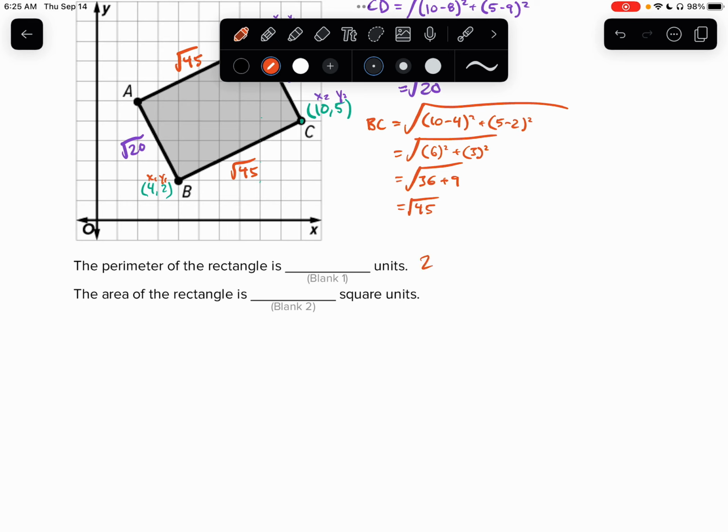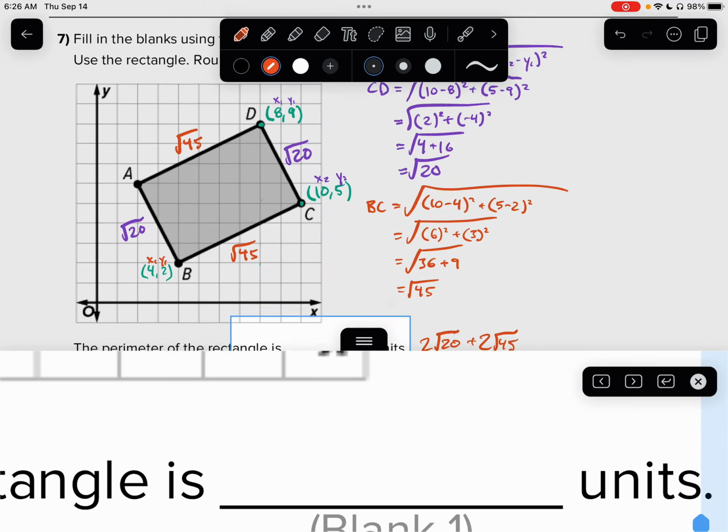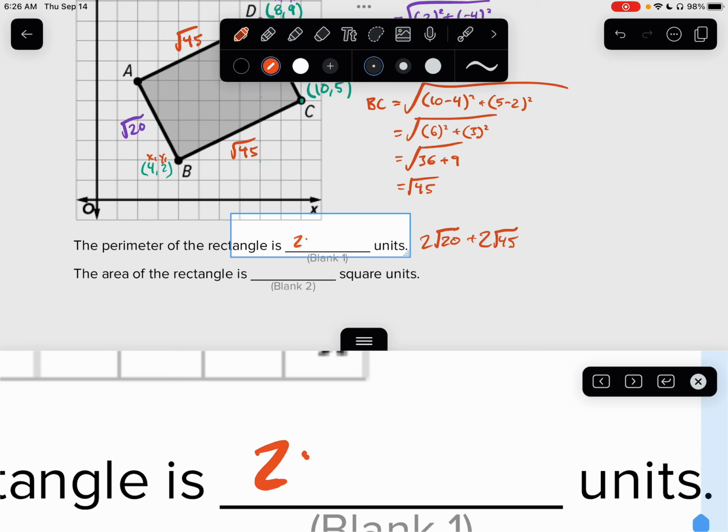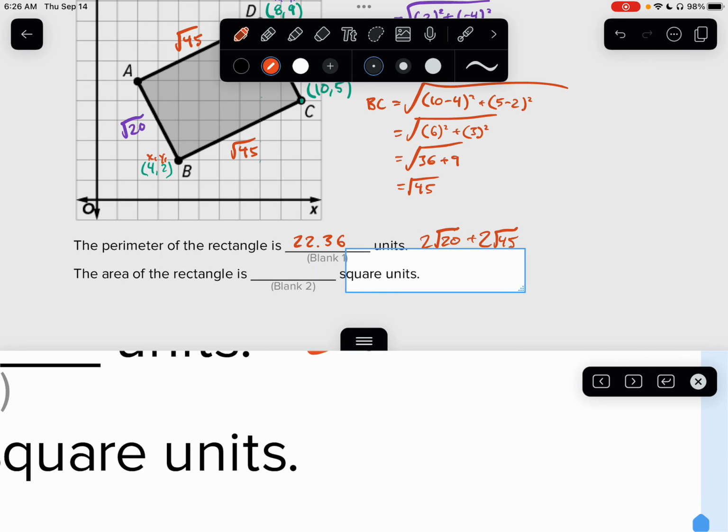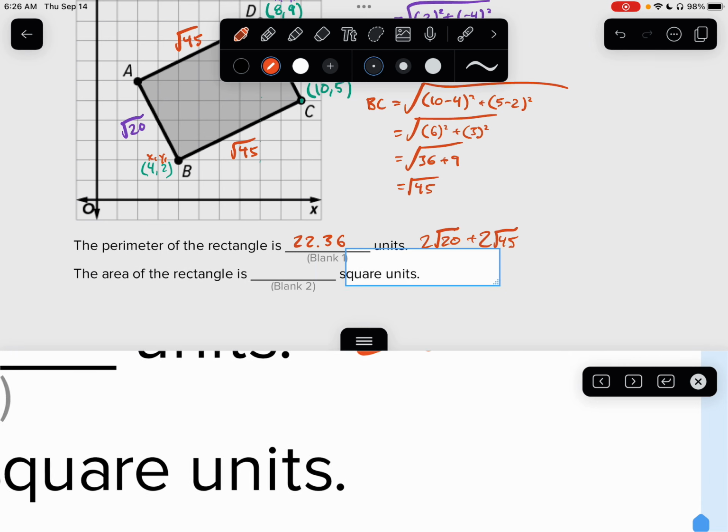That is what I'm typing in my calculator. And let's see, that is 22.36 units.